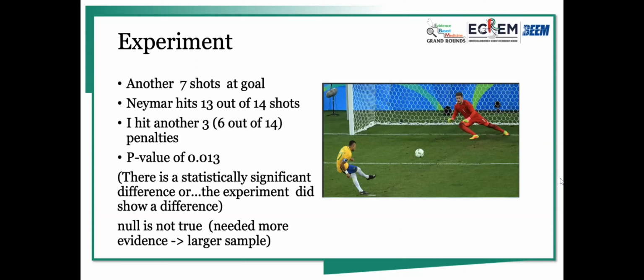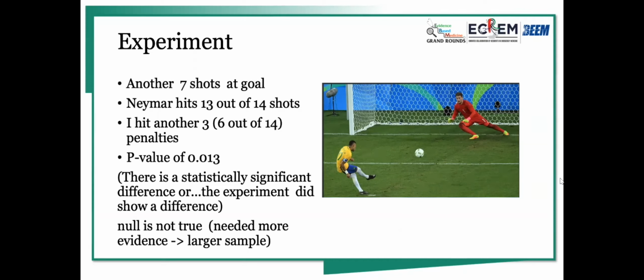So now when we run the t-test and we do the p-value, we have a p-value of 0.013. So now there's a statistically significant difference. In other words, the experiment did show a difference between the 2 groups of shots to goal, and the null is not true. So what happened here?